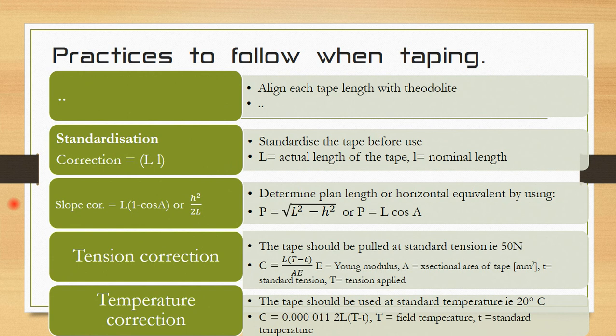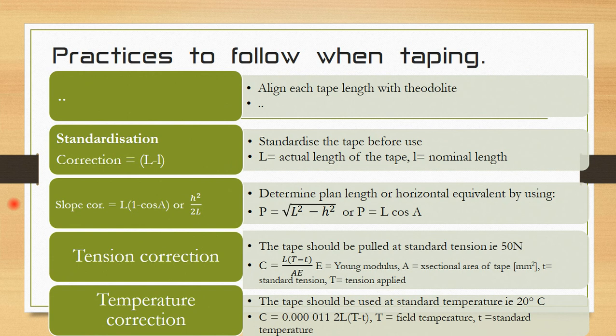So you need to measure your field tape against the standard tape to determine whether the length will tally. You may have a tape which has been calibrated as 30 meters, but when you put it on the standard tape, it might be longer or shorter depending on the condition of the tape. So it is important that you standardize the tape. You should know the error of that particular tape that you are using.